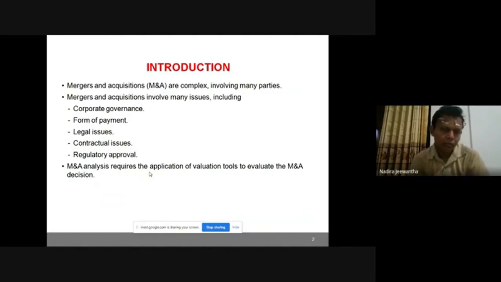Now, say one person acquires this entire amount of shareholding of this particular company through the share market. So, the share market is a secondary market operation.